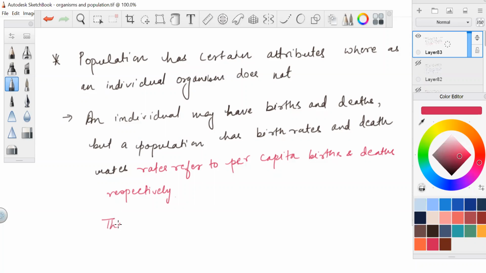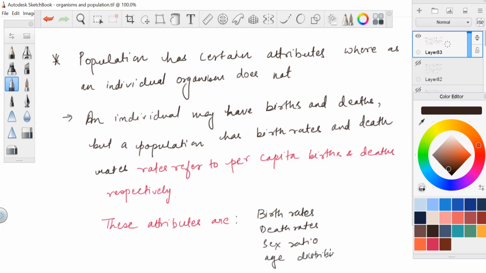These attributes are birth rates, death rates, sex ratio, age distribution, and even population density. These are the attributes of a population.